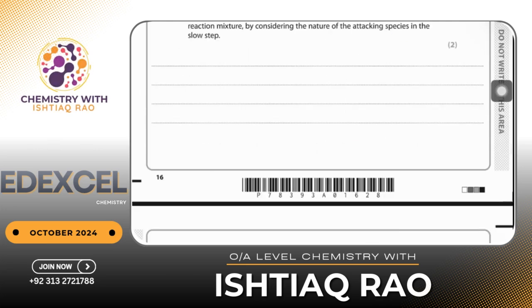So the thing is that OH minus from NaOH reacts with HCN to give a cyanide ion.